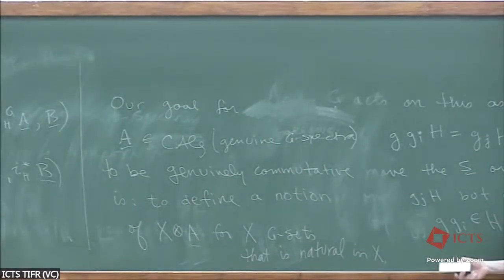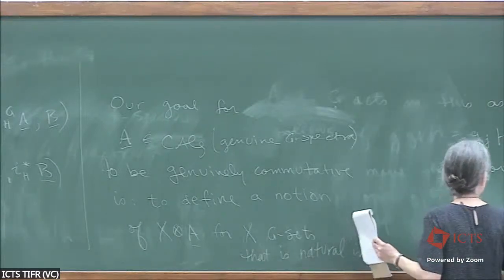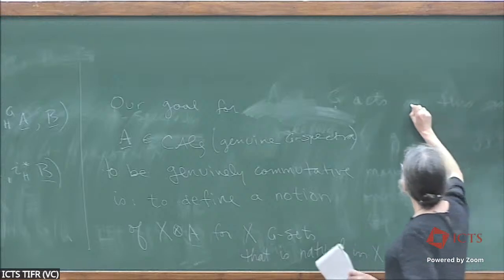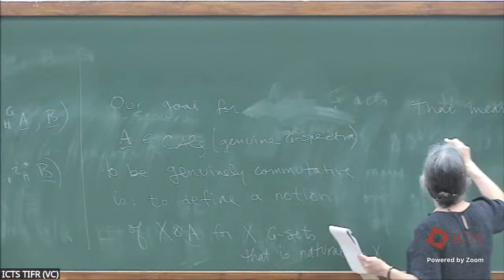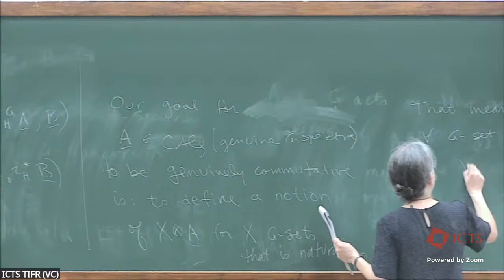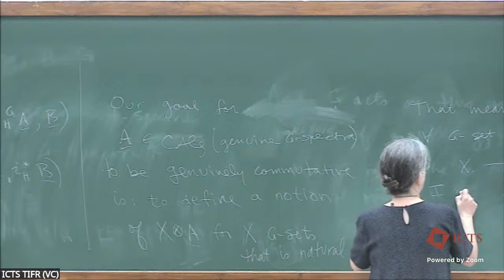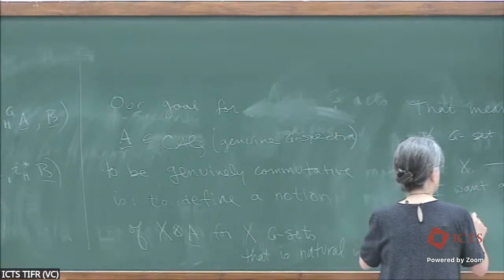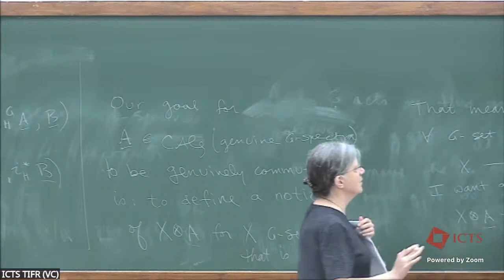So that's the easy part. So that means for all G set maps X to Y, I want a well-defined map X tensor A into Y tensor A. Oh no, sorry, these are not simplicial.